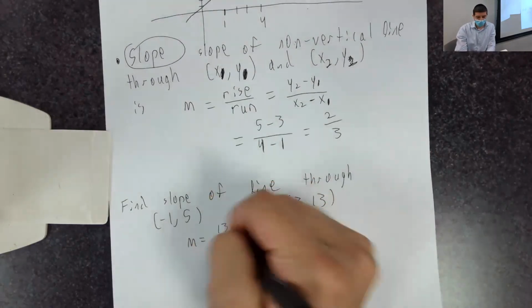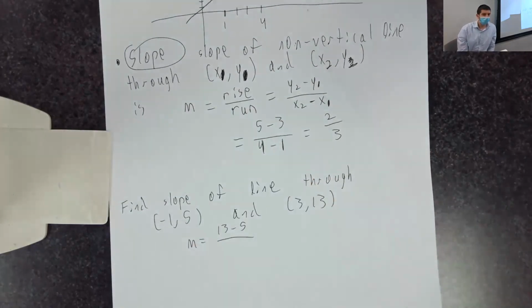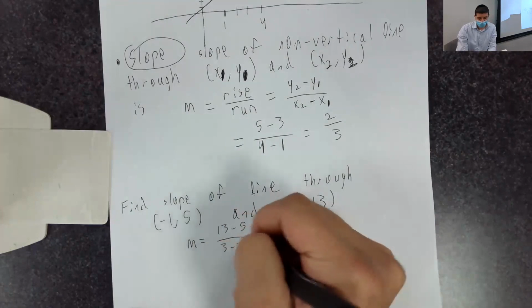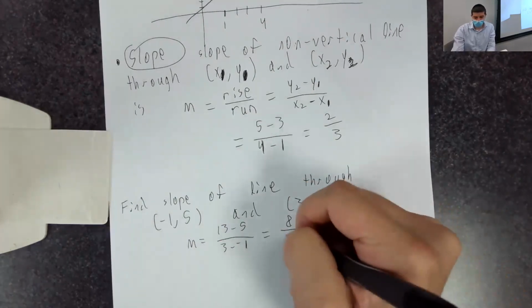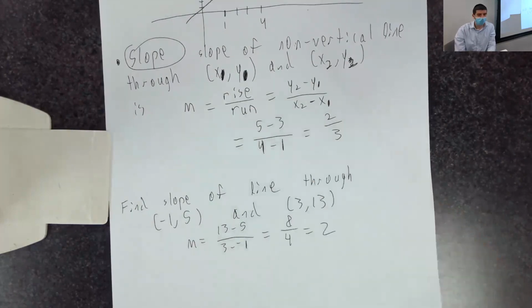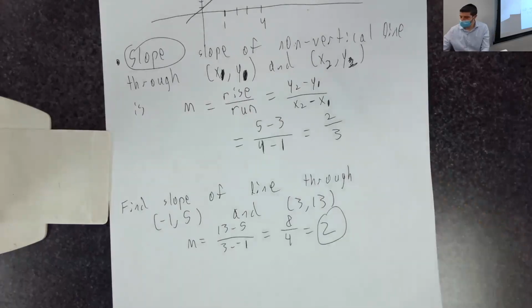And what did you do for the denominator? 3 minus -1. Good. So we get 8 divided by 4, which is 2. A question on this?